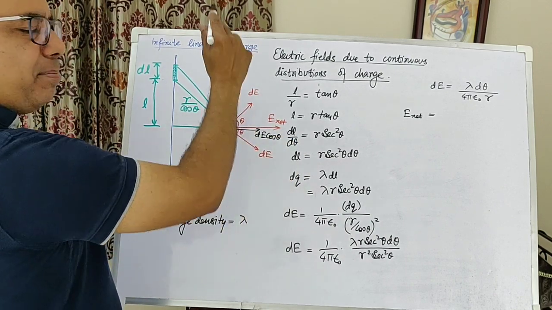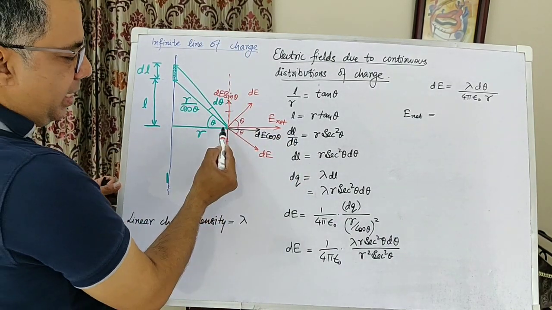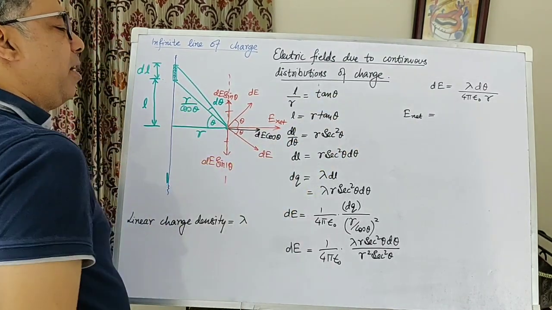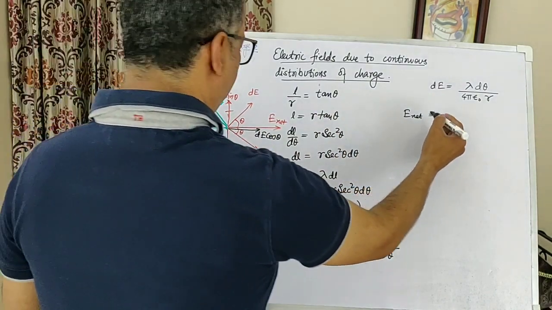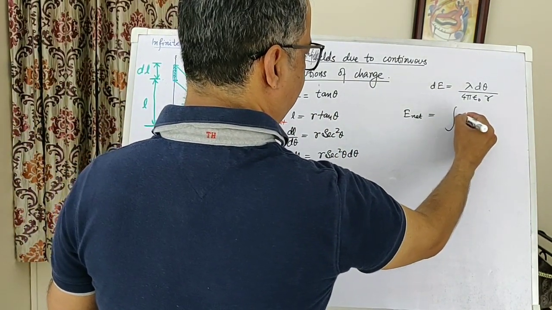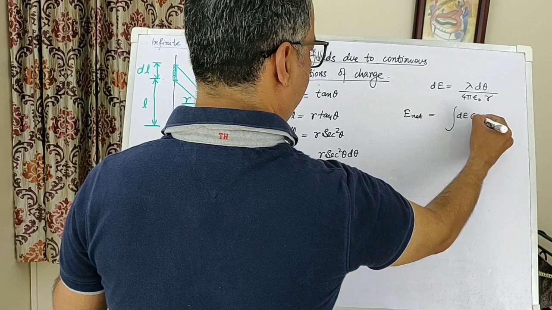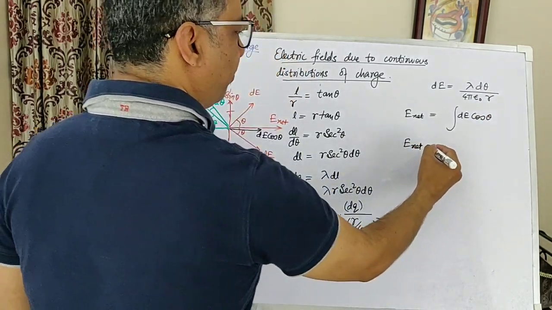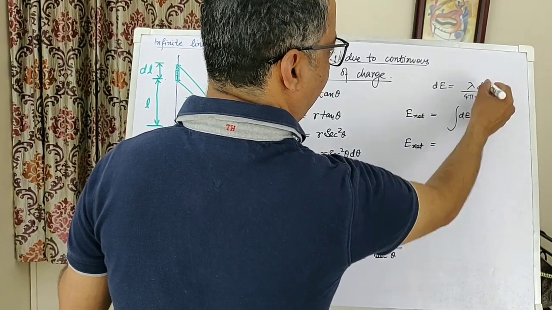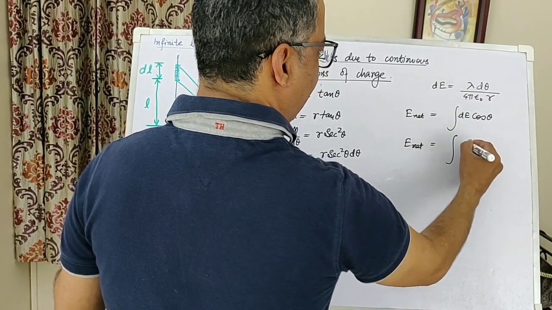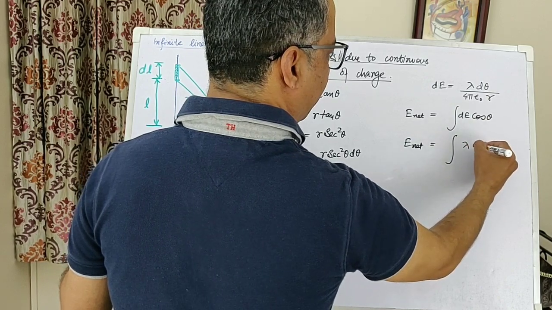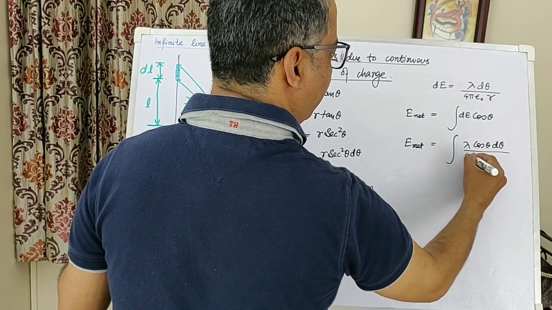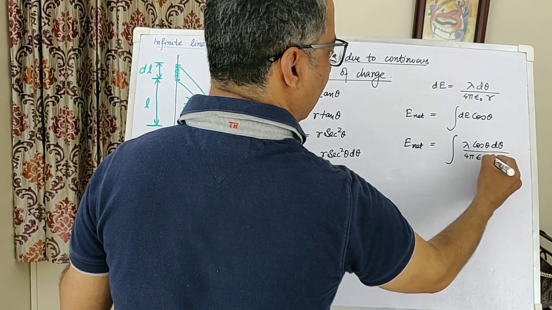The dE sin theta components all cancel out, dE cos theta components all add up, and the net electric field is now in this direction. So net electric field will be a summation of dE cos theta. We substitute dE here: lambda cos theta d theta by 4 pi epsilon naught r.